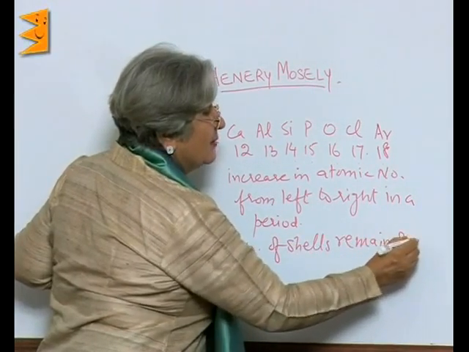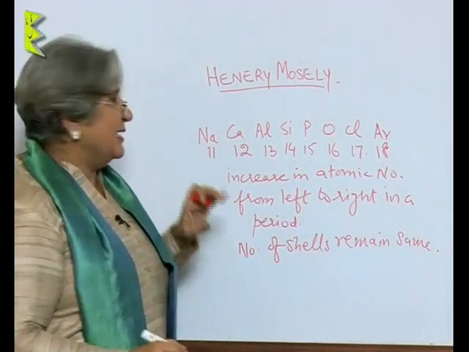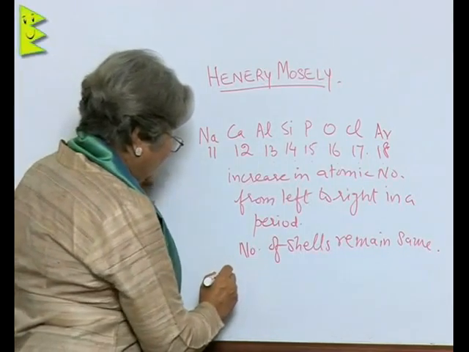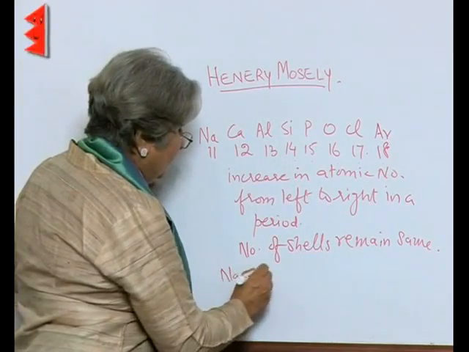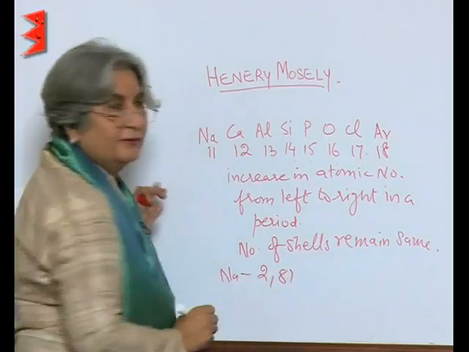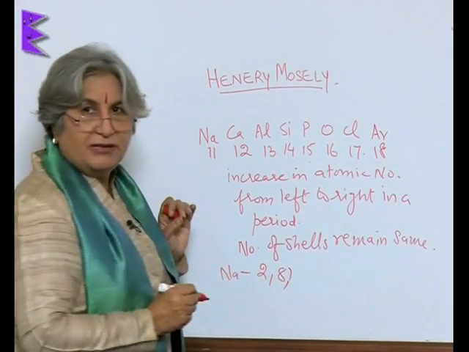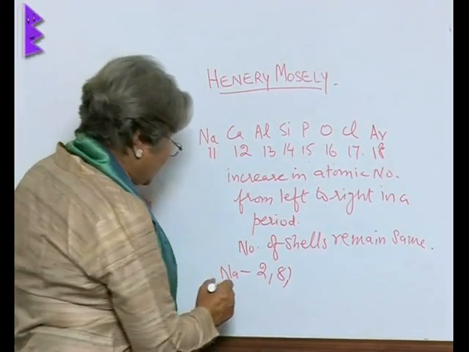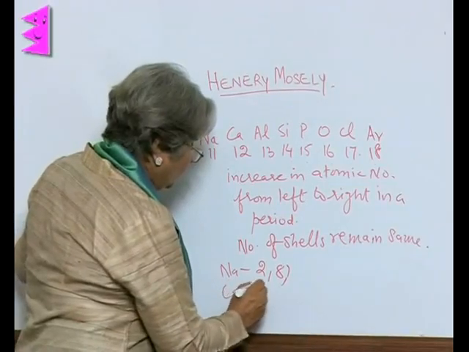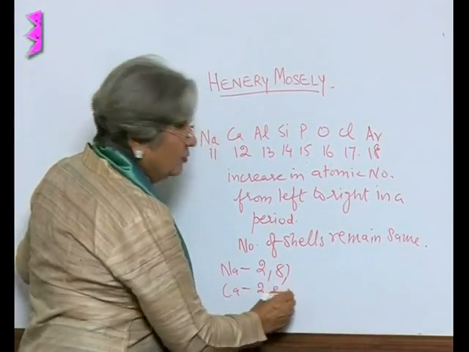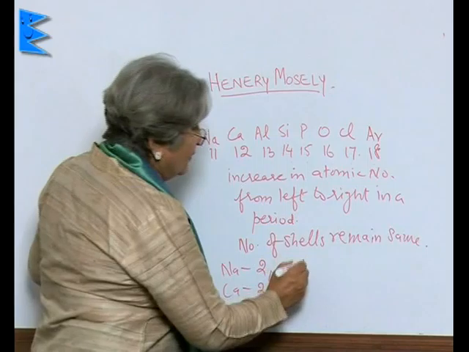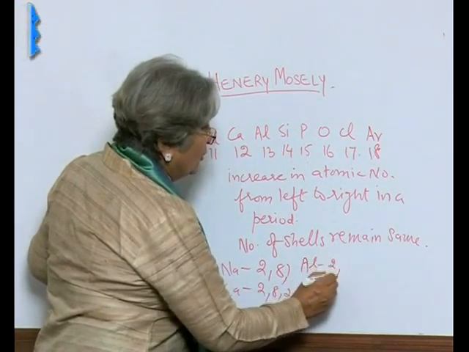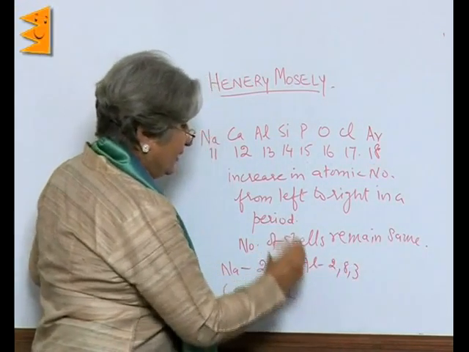Now, how is that possible? Let us take the case of sodium. In the case of sodium, it will be 2, 8, 1, 3 shells. In the case of magnesium, it will be 2, 8, 2. Aluminum will be 2, 8, 3.